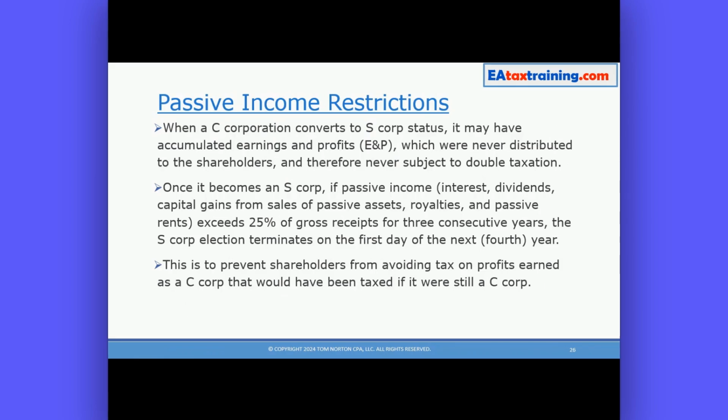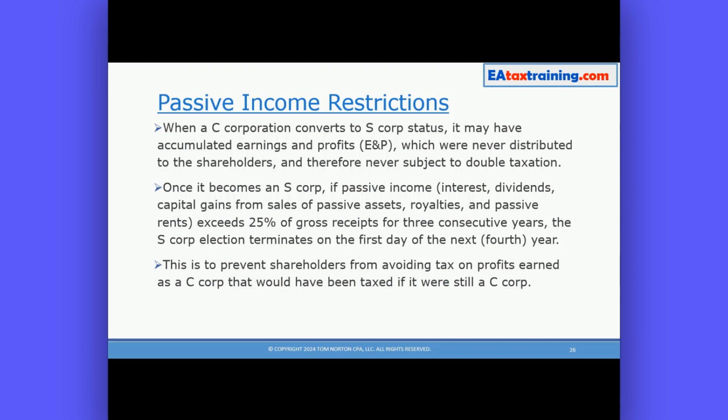Passive income restrictions. When a C corporation converts to S Corp status, it may have accumulated earnings and profits, E&P. Remember, we talked about that in the C Corp video. So it may have accumulated E&P, which was never distributed to the shareholders, and therefore was never subject to double taxation.